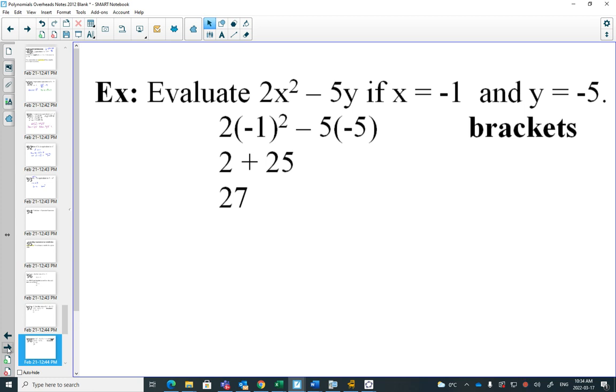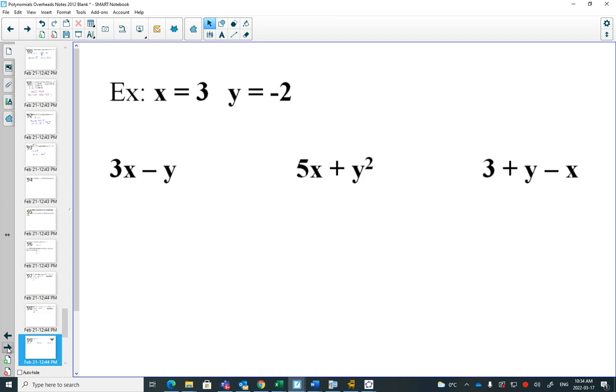Okay, you have on page 32 at the top, 3 to try. Once you have your answer, check with someone else who has their answer. Got them already? Show me your work.